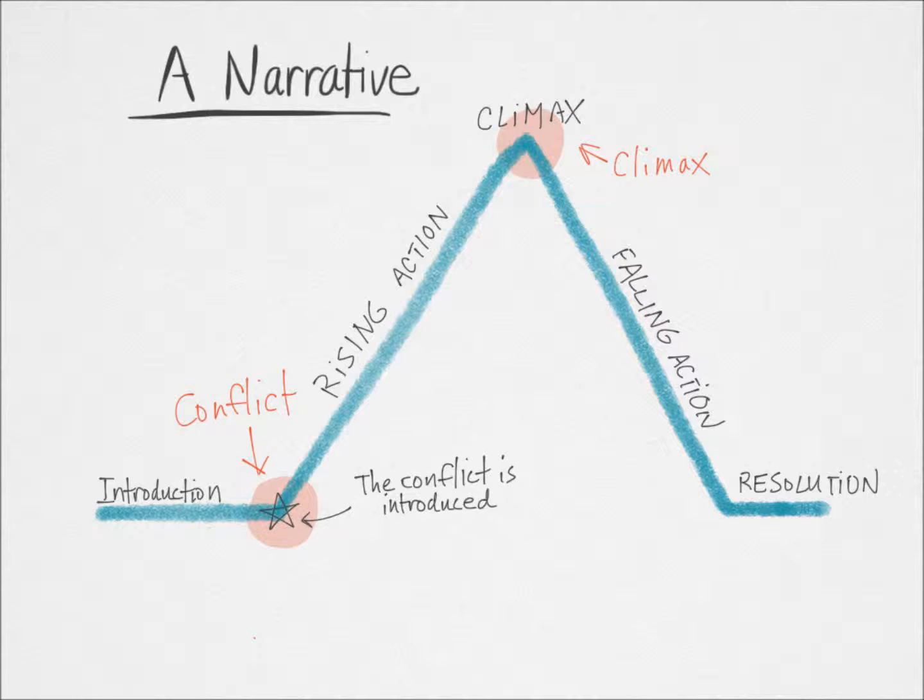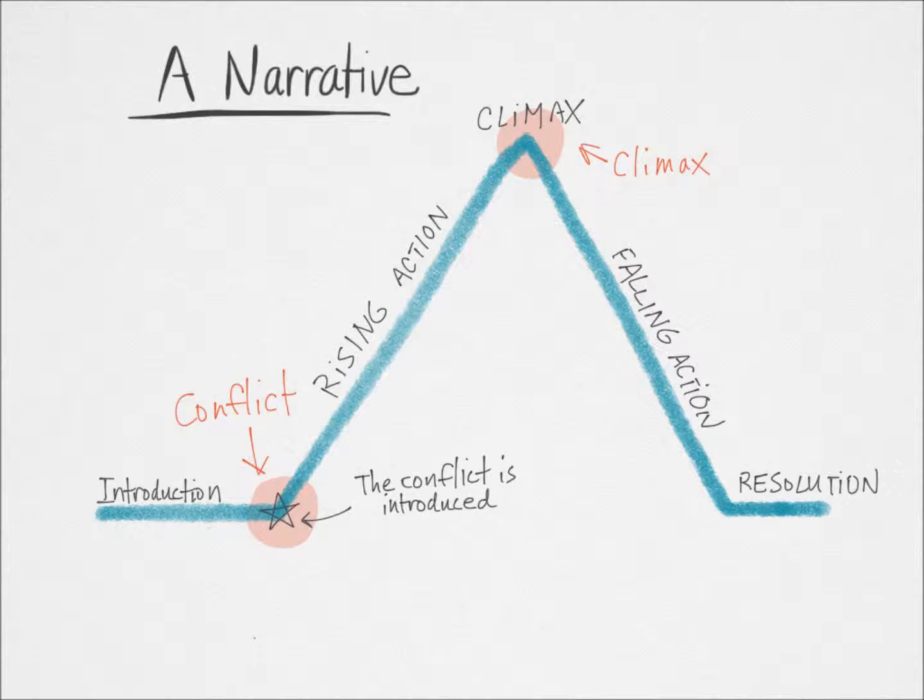So how do you pinpoint where everything is in a story? If you have a novel or a short story that you've been reading, and the teacher asks you to find where is the introduction, where is the rising action, where is the falling action, how do you pinpoint where these things are?